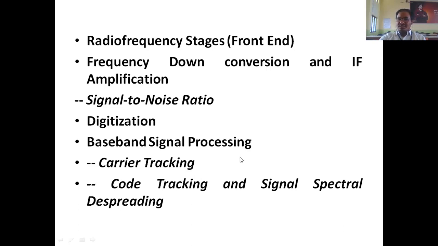Then digitization, then baseband signal processing. Baseband signal is nothing but the modulating signal or information bearing signal. Then carrier tracking, code tracking, and signal spectral despreading. This is to enhance the signal level above the noise level, so that it becomes narrow band, and by using narrow band filtering, we can retrieve the original baseband signal. So this we already knew.